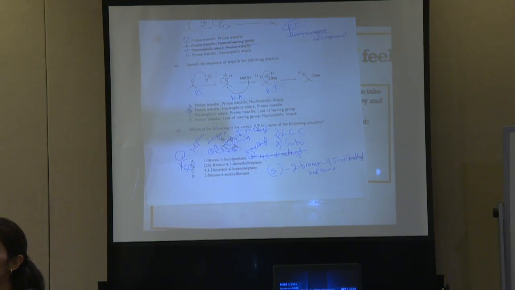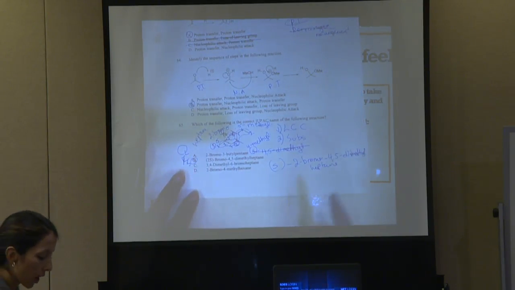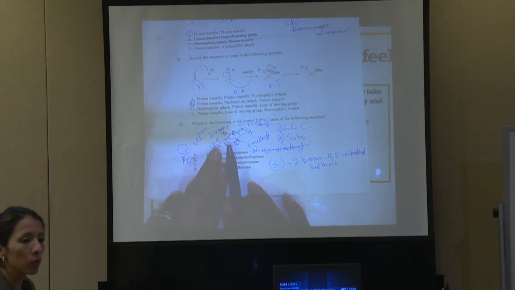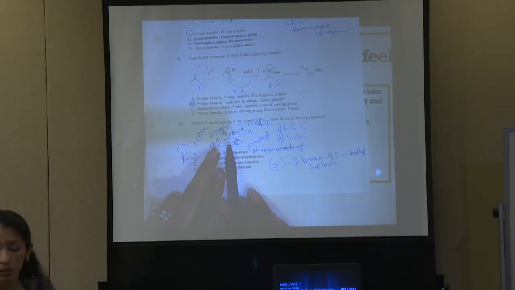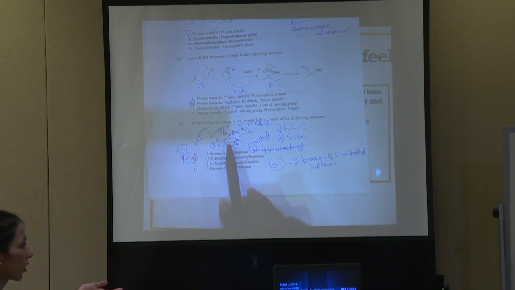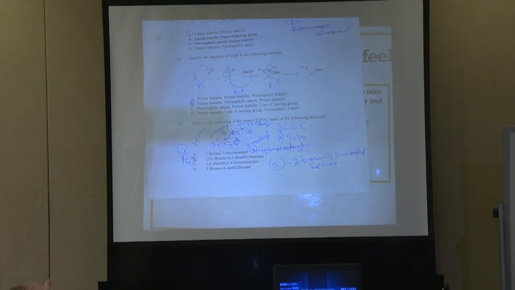That's a good question. Why do we have to flip this one? What was on the wedge? The lowest priority. If the lowest priority is not on a wedge or a dash, can we use our rule? No. What do we have to do then? Right, swap the groups.